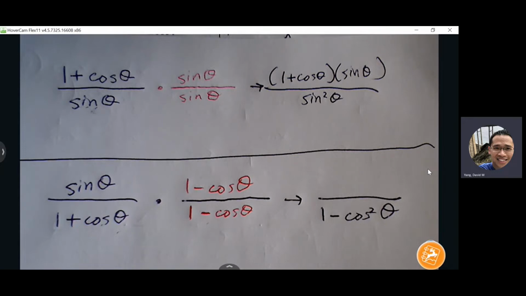Okay, if you want to make 2 cosine theta into secant theta, the 2 stays above, but the secant theta goes below. I can't make this 1 over 2 secant theta. Really? Because 2 cosine theta is, this is not the same thing.